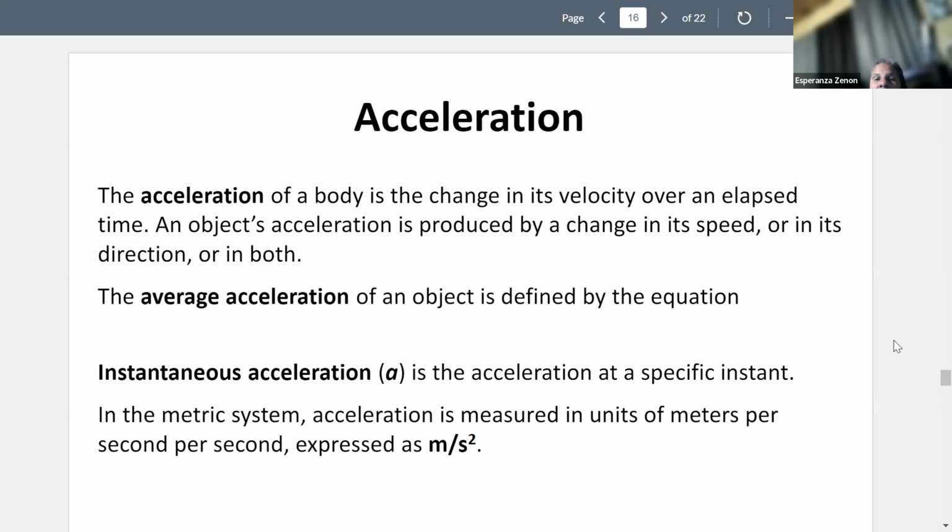Now, the other thing that sometimes gets students is that you can also have a change in direction and have a change in velocity. You put your car on cruise control. What does cruise control do? Keep the same speed. Now, you got it on cruise control. Drive around in a circle.